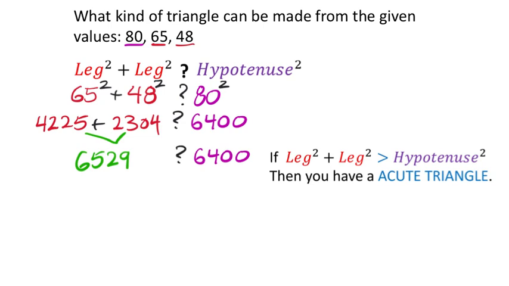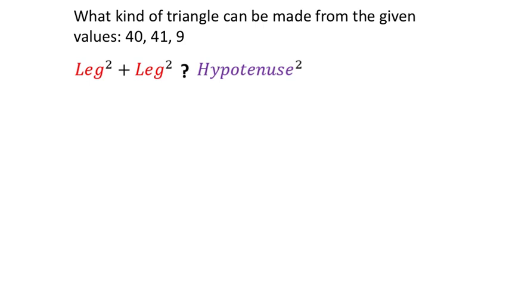They're definitely not equal, so I know I'm definitely not looking at a right triangle because they're not equal. And then I see here that 6,529 is bigger. So the sum of the squares of the legs is bigger, which means I'm looking at an acute triangle for this particular problem.